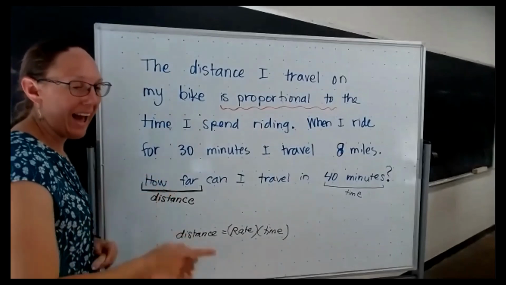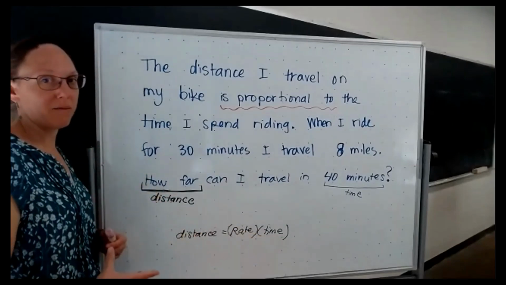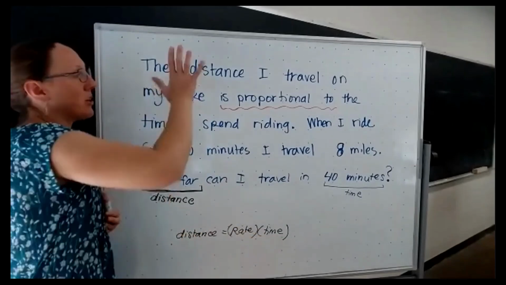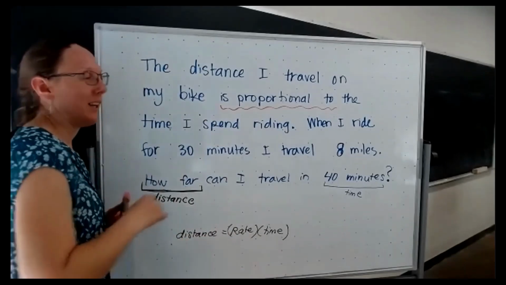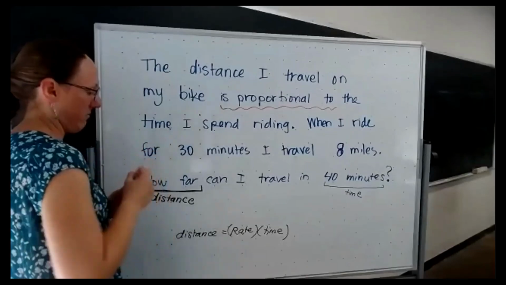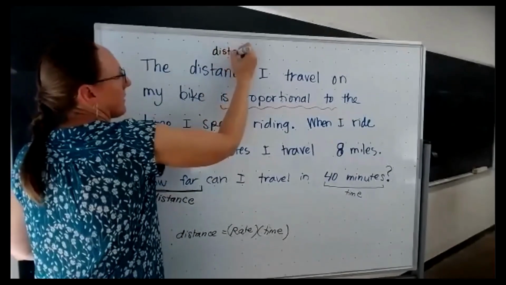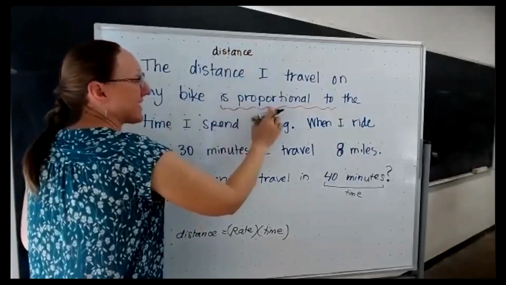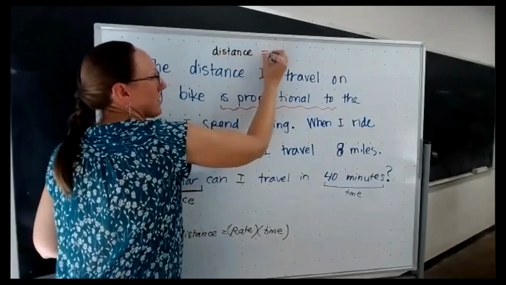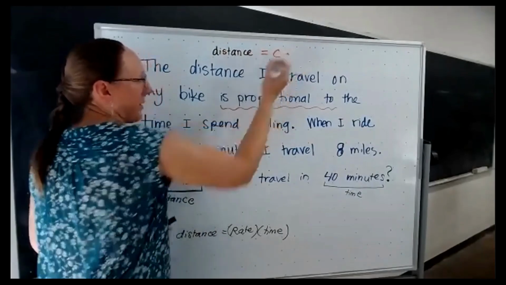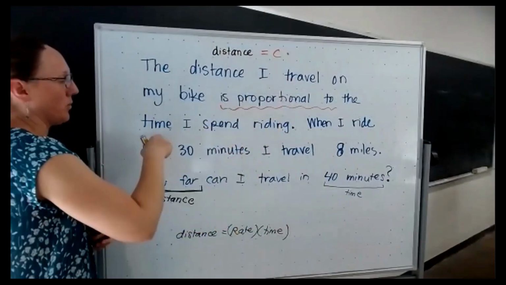So even if I hadn't remembered that distance equals rate times time as a formula, I've been given enough information in that first sentence to write down this equation, because the distance is proportional to means equals a constant times the time.